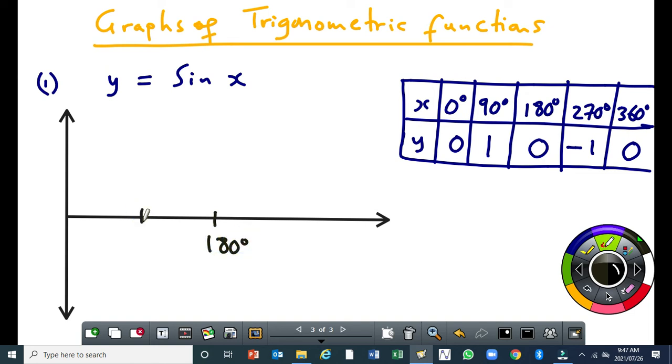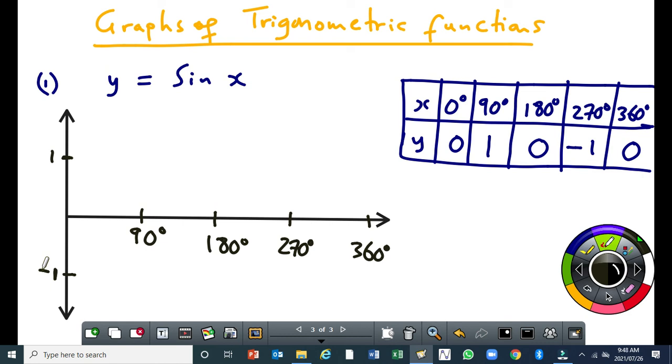So this is 90 degrees. That will be 270. Somewhere there we have 360 degrees. And for now, our amplitude is 1. I'm going to define that maybe in the next lesson. So the minimum of -1 is, you can see that, and the maximum is going to be a 1.